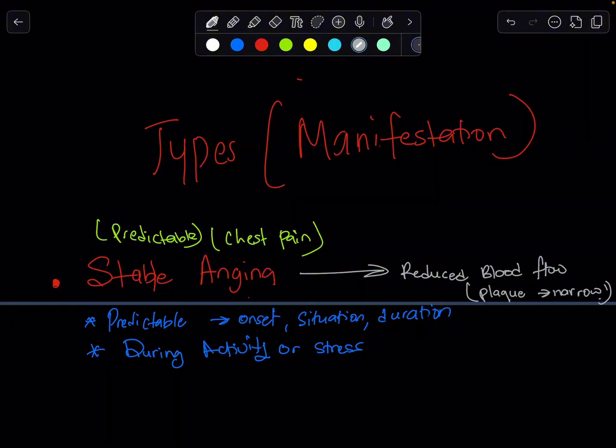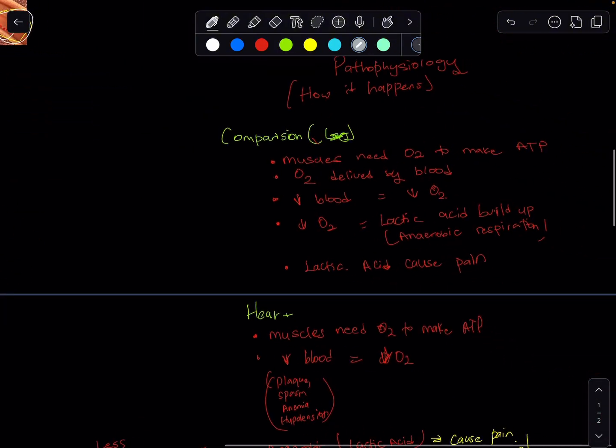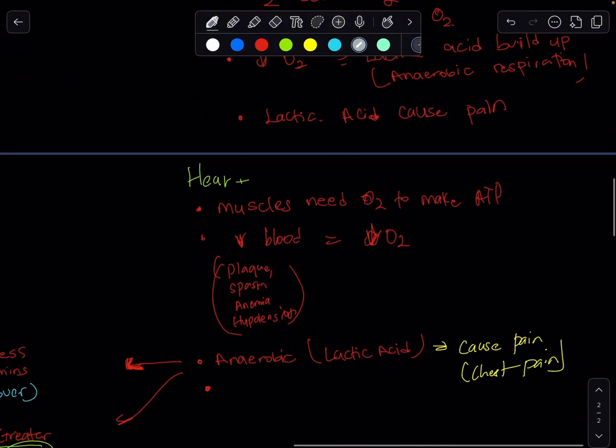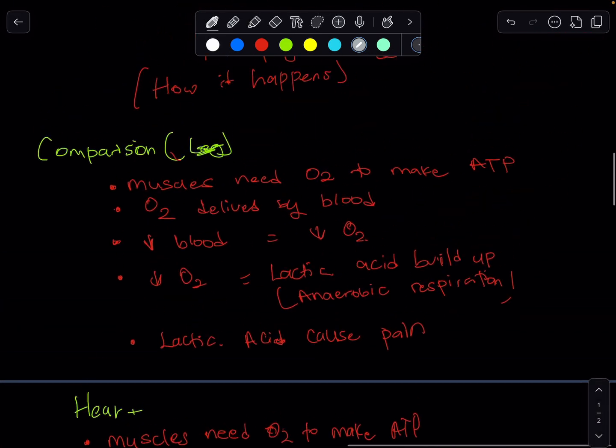It's predictable. We know where it happens, how long it lasts, and it happens during activity. Why does it happen during activity? Because of this. Muscles need oxygen to make ATP. If there's decreased blood, if there's not a lot of blood, then there's not a lot of oxygen. If there's not a lot of oxygen, then lactic acid buildup occurs.